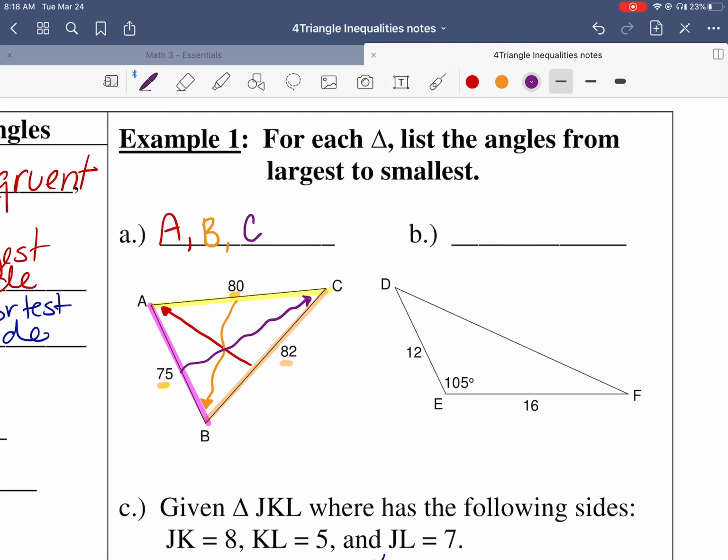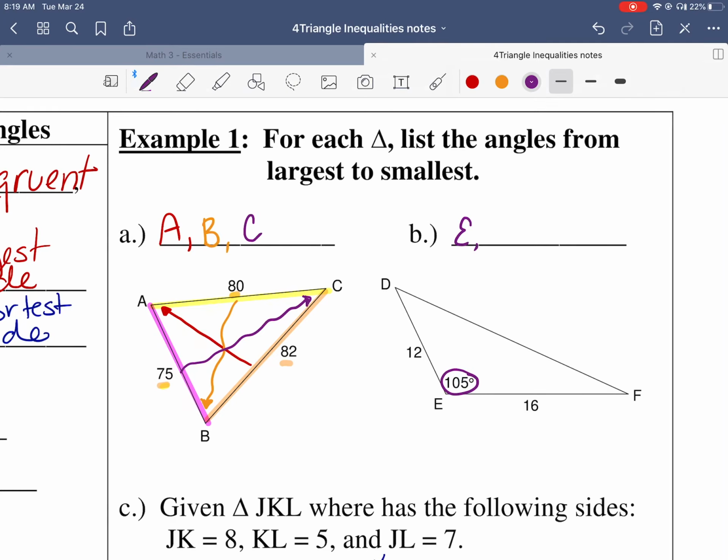All right, try another one. Same idea. So this one doesn't give me all the information, but if I think about it, there are 180 degrees in a triangle. If this angle is 105, that only leaves 75 degrees for the rest of the triangle. There is no way that D or F is bigger than E. That means E has to be my largest angle.